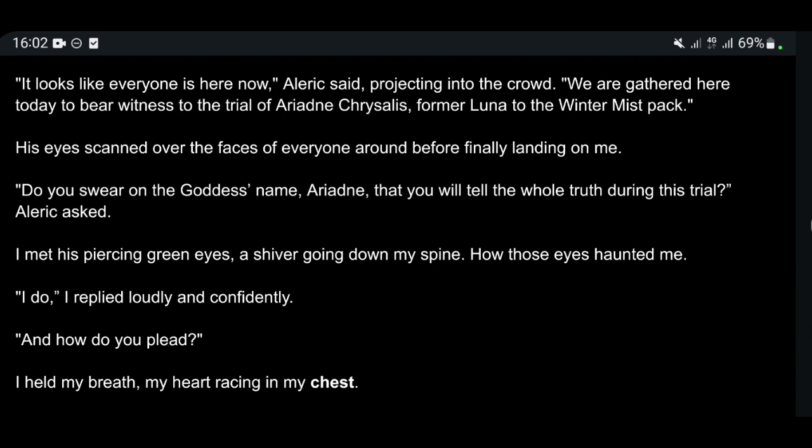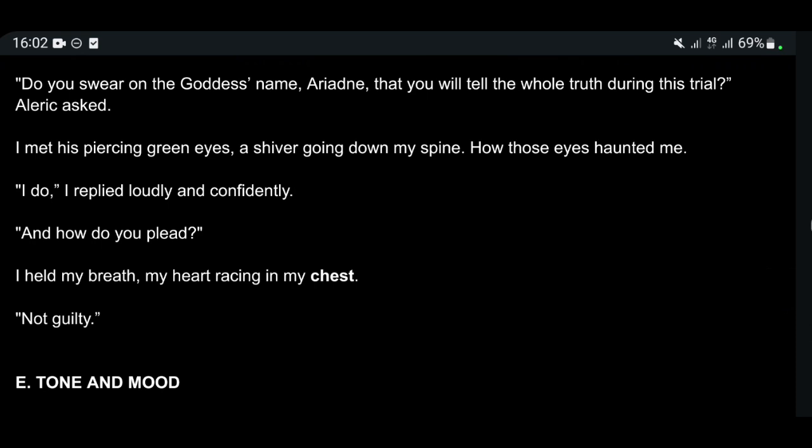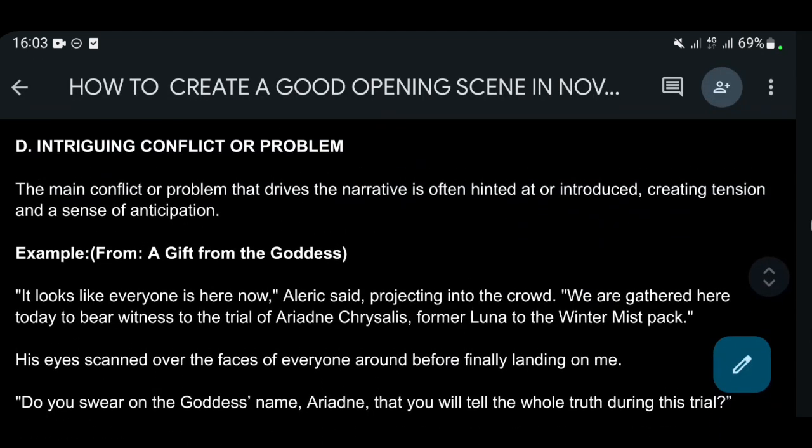Do you swear on the goddess's name, Ariden, that you will tell the whole truth during this trial? Arik asked. I met his piercing green eyes, a shiver going down my spine. How those eyes haunted me. I do, I replied loudly and confidently. And how do you plead? I held my breath, my heart racing in my chest. Not guilty.